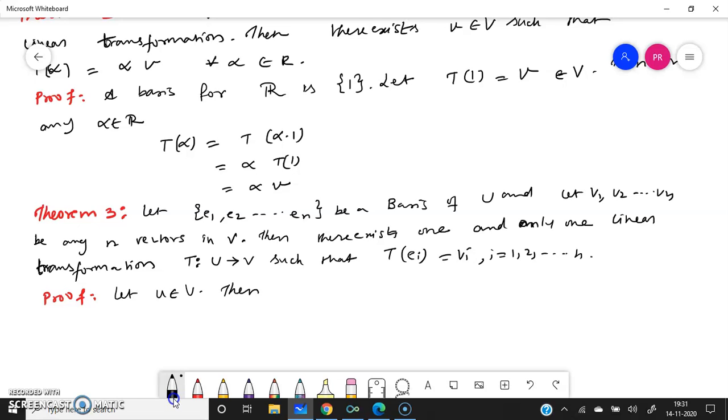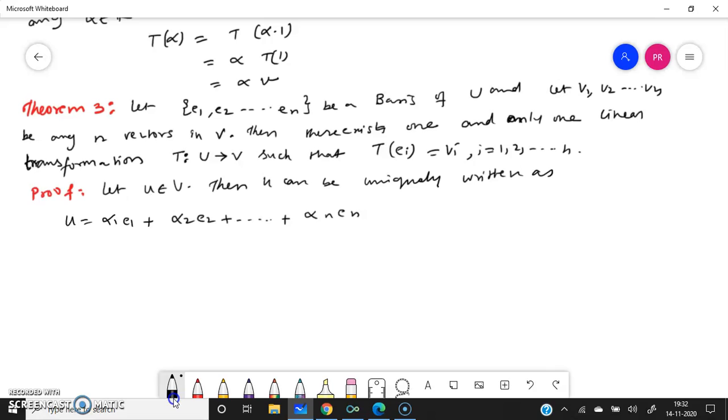Then U can be uniquely written as U equal to alpha 1 E1 plus alpha 2 E2 plus and so on plus alpha n En for some alphas where alphas are scalars, right?